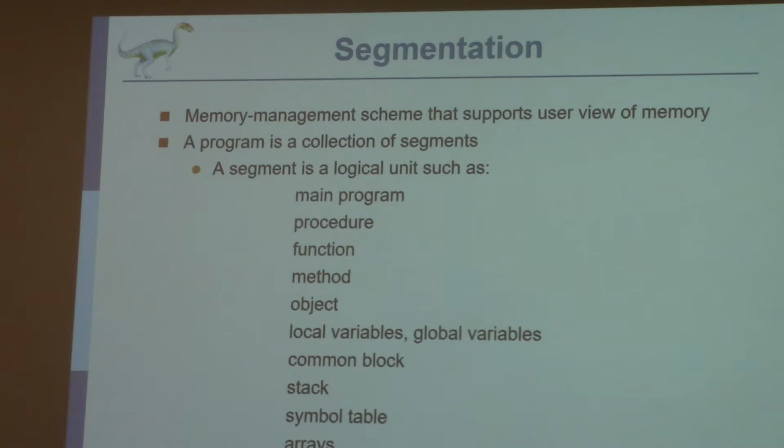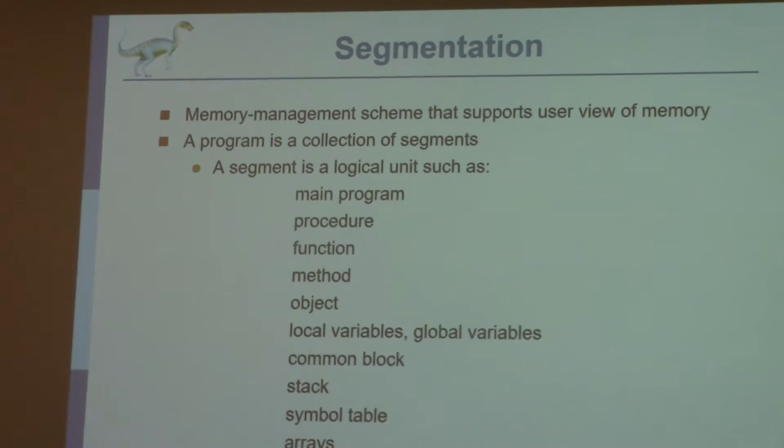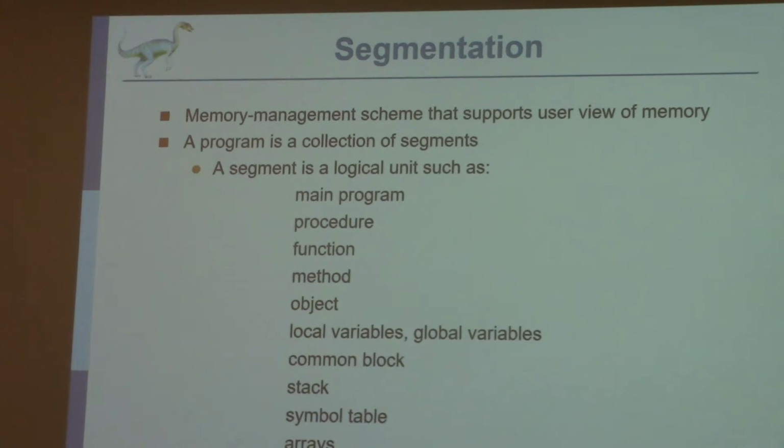So to address that problem, why don't we, instead of combining the chunks of the entire process as one big contiguous chunk, divide it by meaningful chunks, which is called segmentation. For example, think about your source code. In the case of object-oriented programming, it will be grouped by the object, the class.